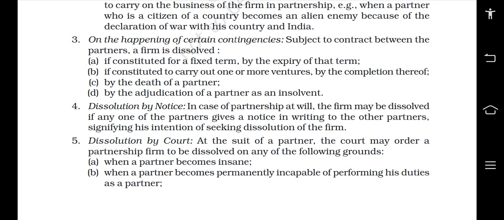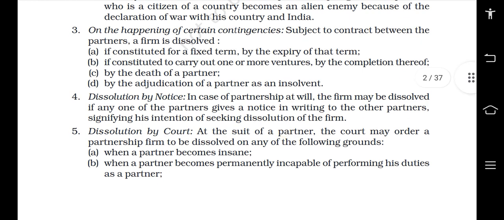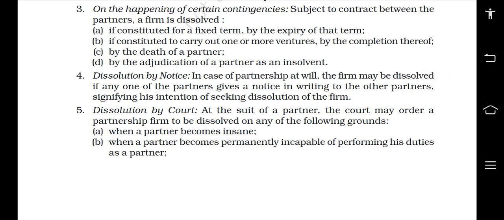Another condition: the firm is constituted to perform a particular venture. When the venture is completed, the firm automatically gets dissolved. By the death of a partner, the firm also gets dissolved. And by adjudication of a partner as insolvent, when one partner becomes insolvent. So these are certain contingencies which, when happening, cause the firm to be dissolved.